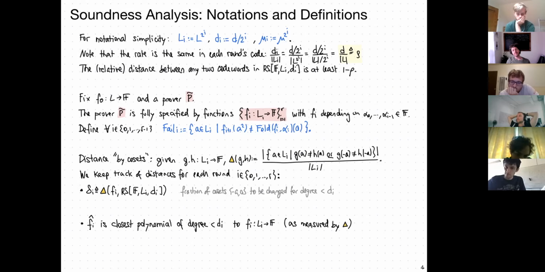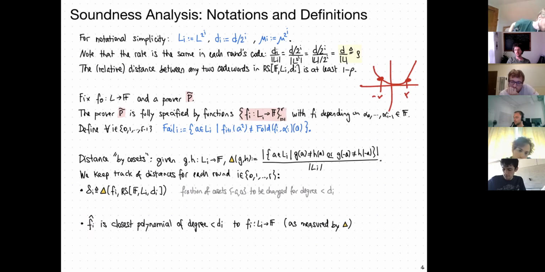So this is something where I can anticipate confusion. Let me be really explicit: in this lecture, we will use f hat in a slightly different way than before. We will use f hat as the closest low degree polynomial to f.